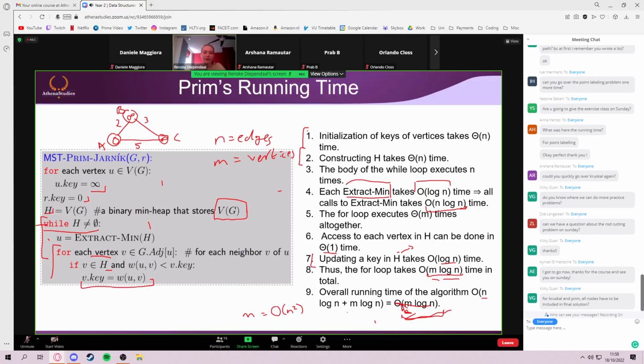So what we do is we extract the minimum element of this. Our U over here is going to be the next minimum element.